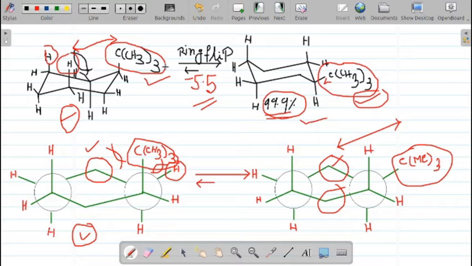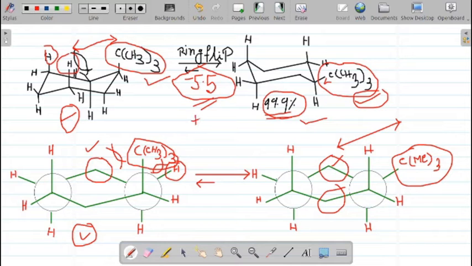Which is negative. Here you can see that for this ring flip, delta G naught has a very large negative value, and the change in entropy becomes more positive.